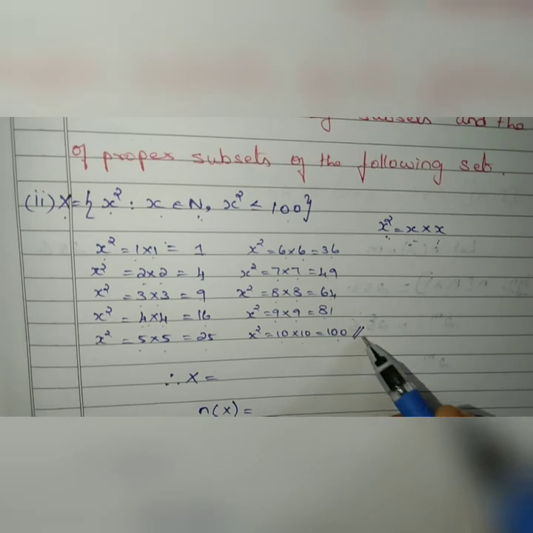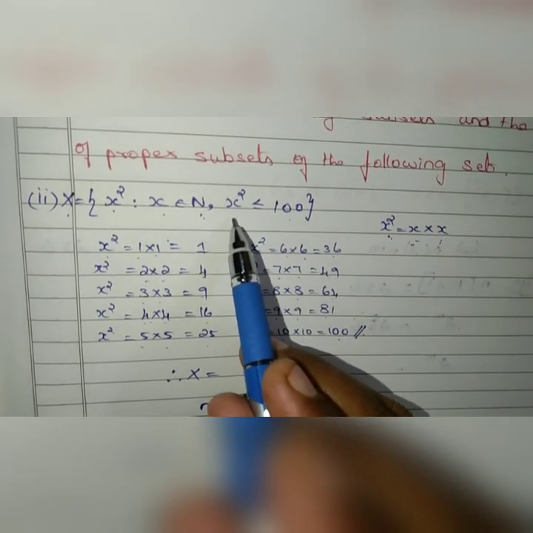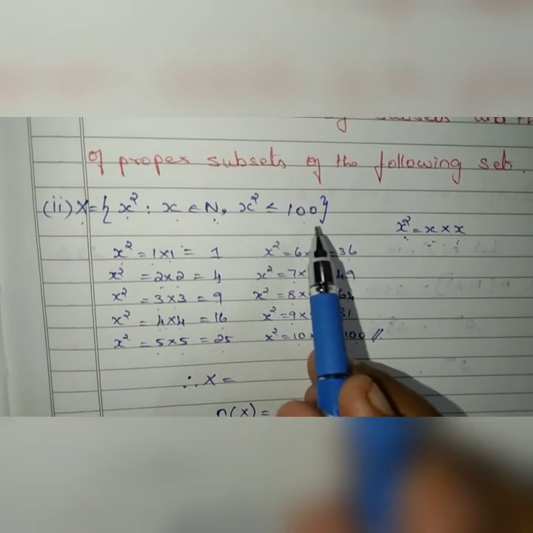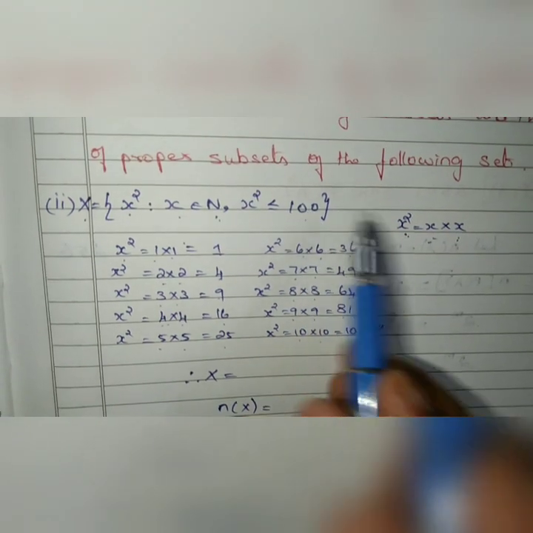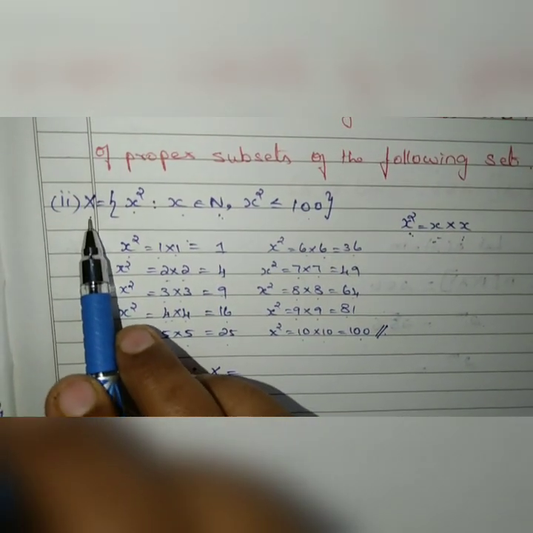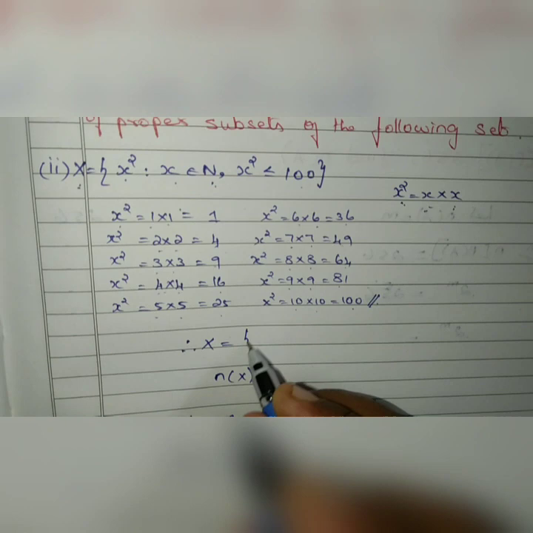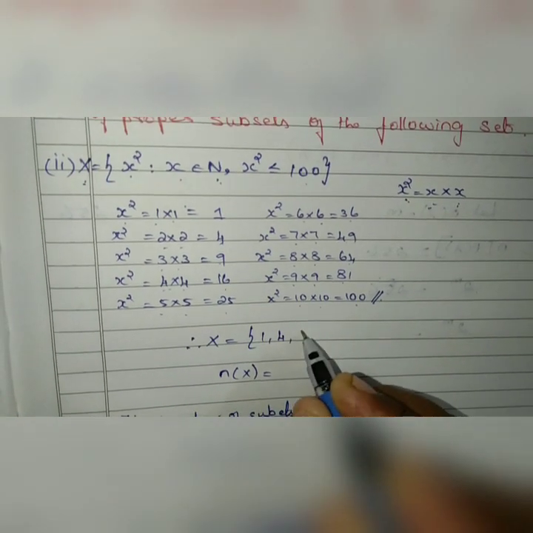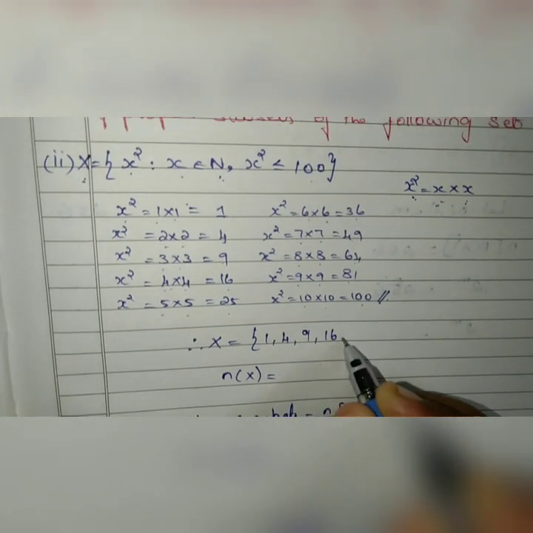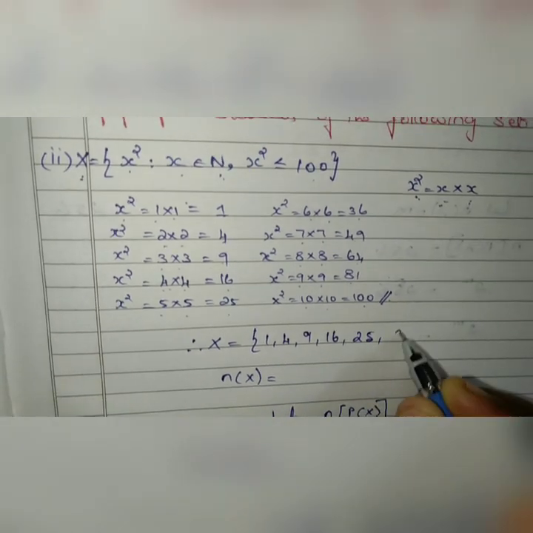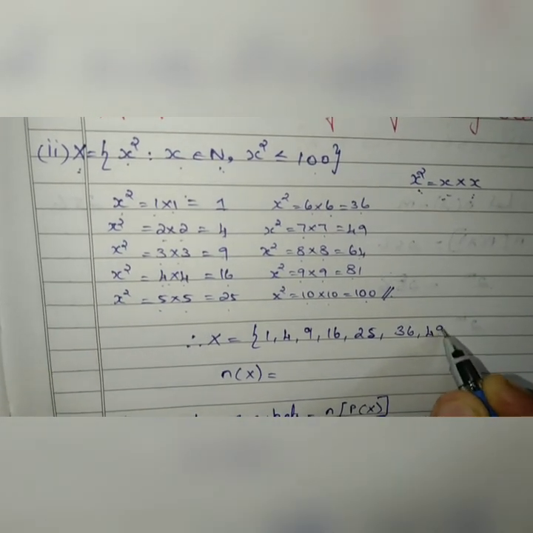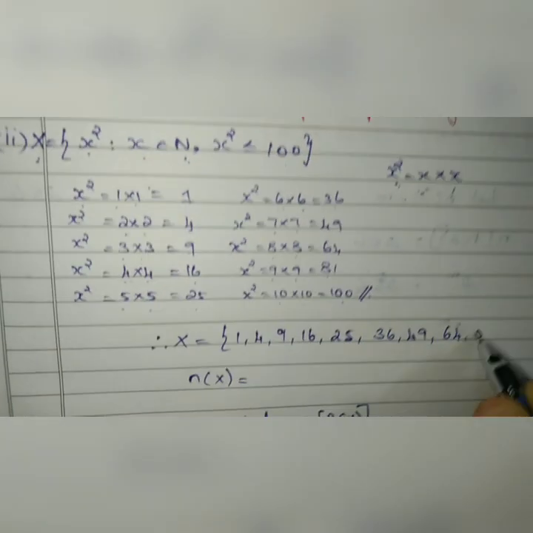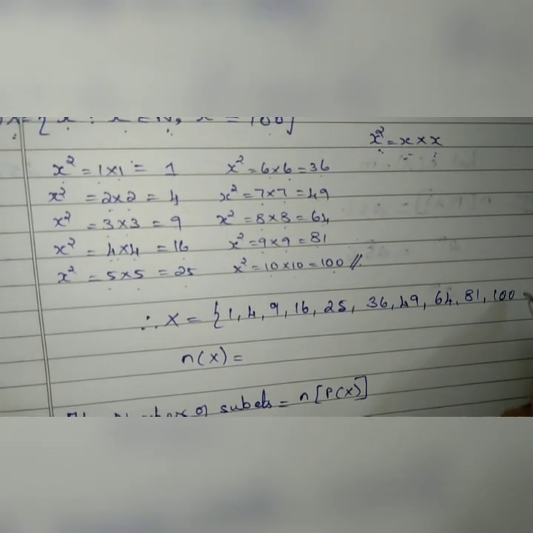So you should stop here because the condition is given x squared is less than or equal to 100. So beyond 100, it is not an element of the set X. Therefore, X is equal to 1, 4, 9, 16, 25, 36, 49, 64, 81 and 100.